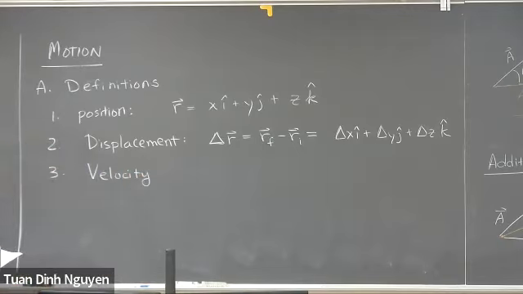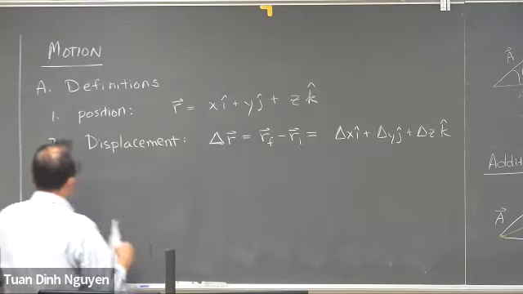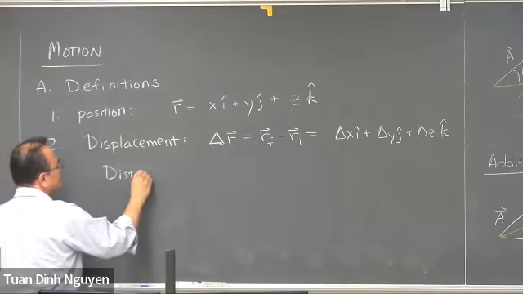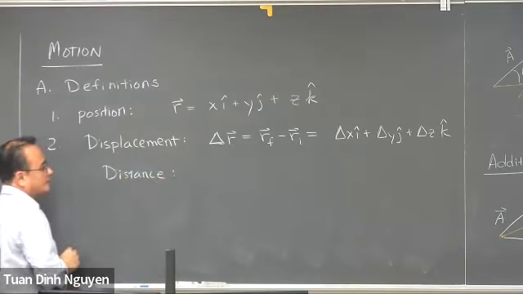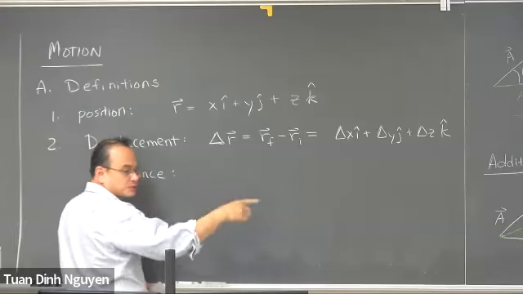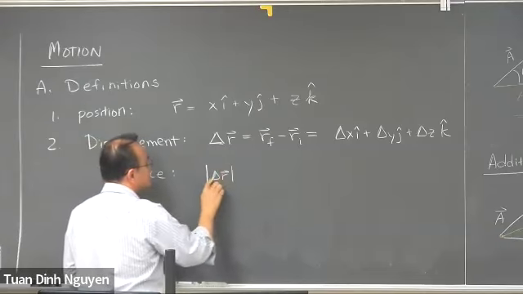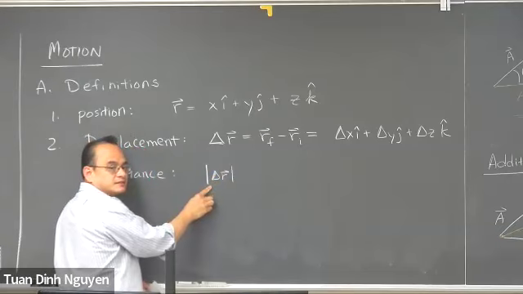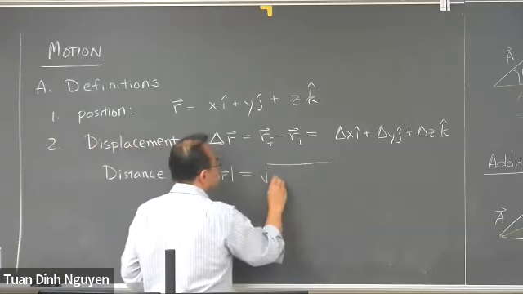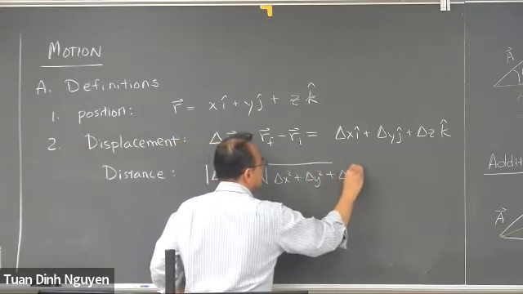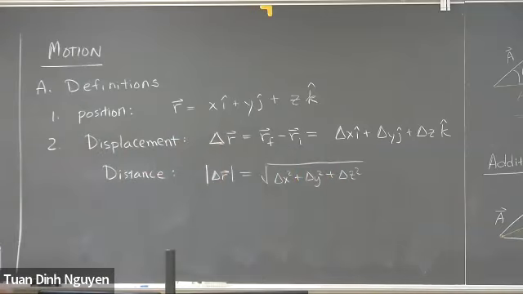Oh, by the way, to go with displacement, there's something called distance. If it was one dimensional motion, it was just the absolute value, but now it's the length of the displacement vector. So it's just the square root of delta x squared, delta y squared, delta z squared. And you can see that it can never be negative because you're taking the sum of squares of numbers.